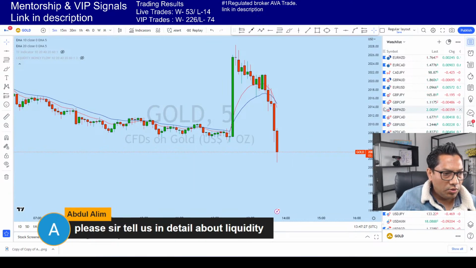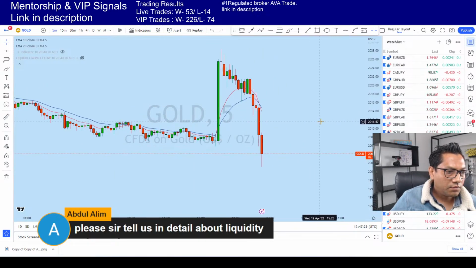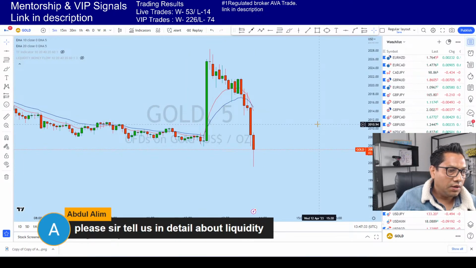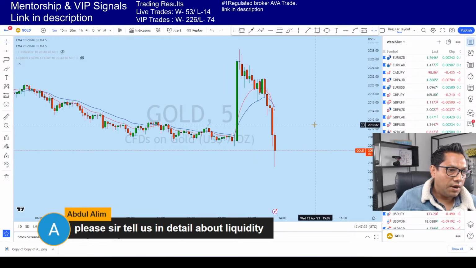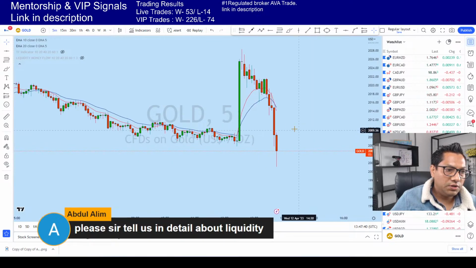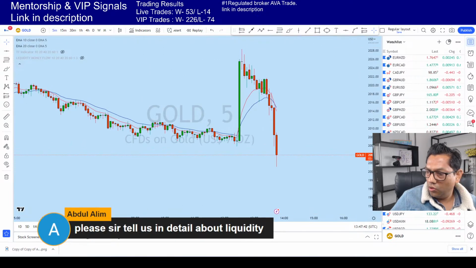So with the CAD news, we saw that there is some liquidation in the market. I think now it will just grab liquidity, as one of you mentioned that the market grabs liquidity from all sides.